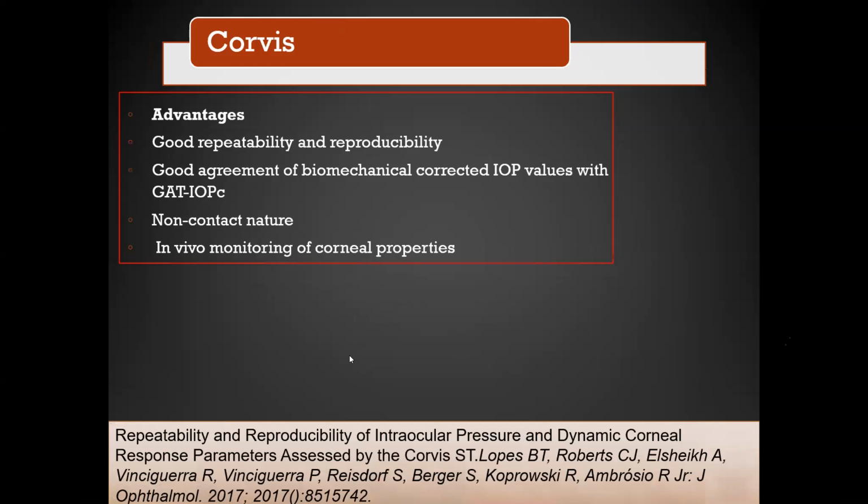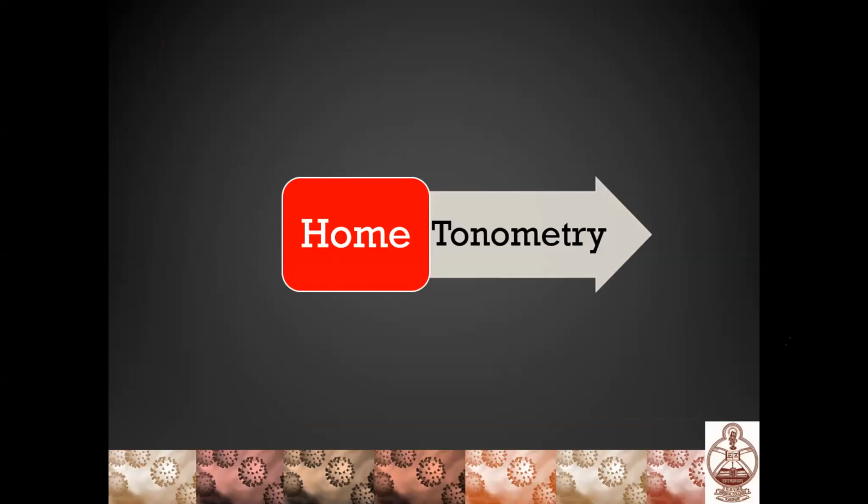Besides these, as postgraduate students you should know something about home tonometry, which can measure the intraocular pressure. They are not that reliable, but you should know the names of these devices.